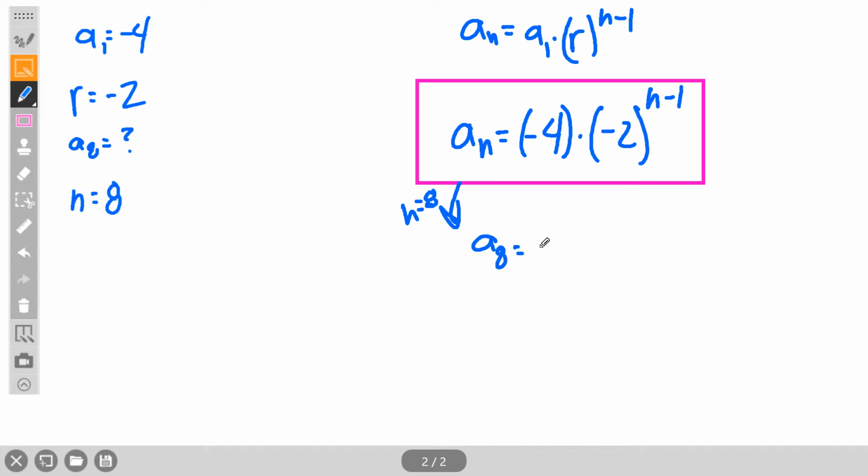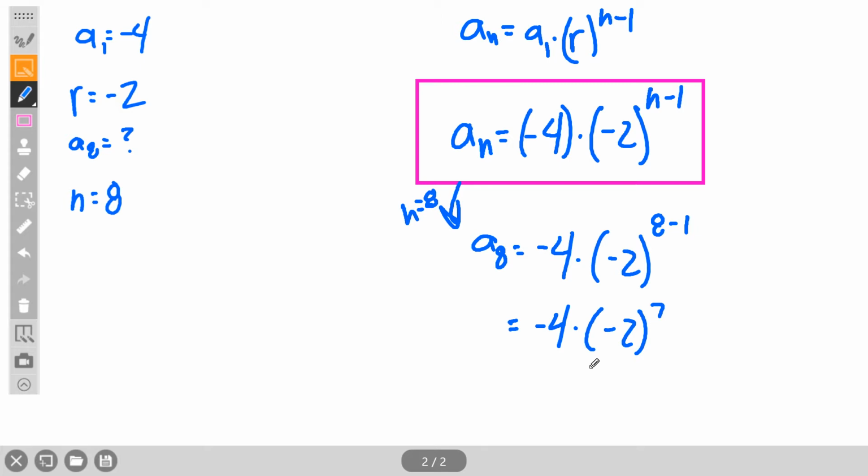A8 is equal to -4 times -2 to the 8 minus 1. Okay, so that's -4 times -2 to the 7th. Well, -2 to the 7th, what is that? -128, so this is -4 times -128, which is 512.